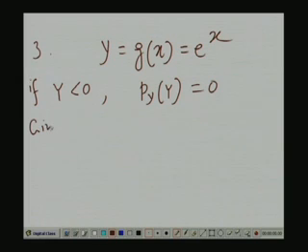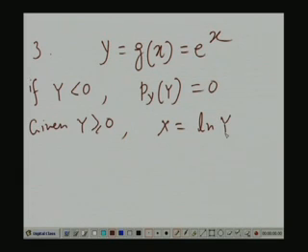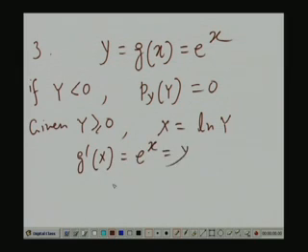Okay. Then, given y greater than or equal to 0, what is x? Solution is ln y, this is number 1. And what is g prime x? That is e to the power x, which is y itself.